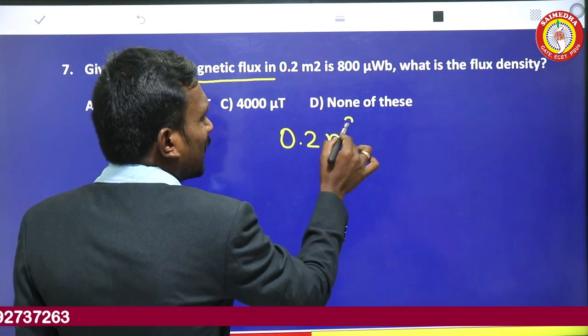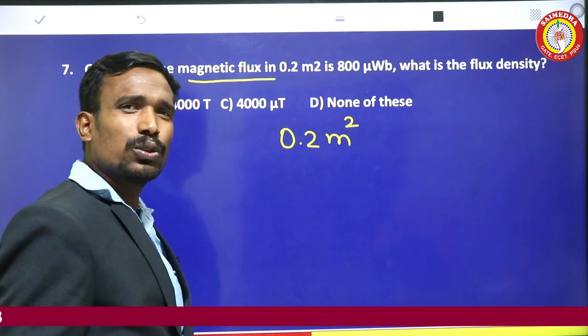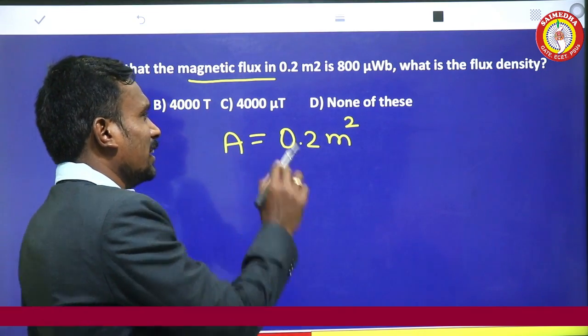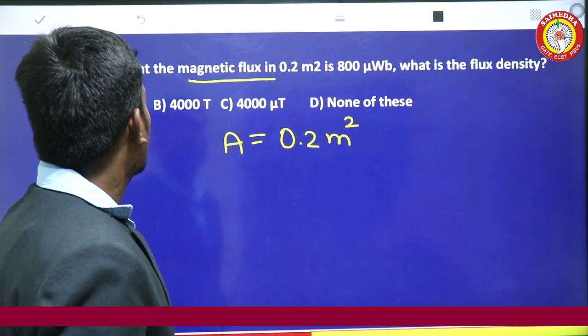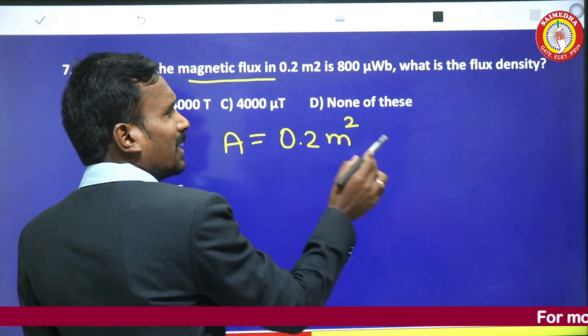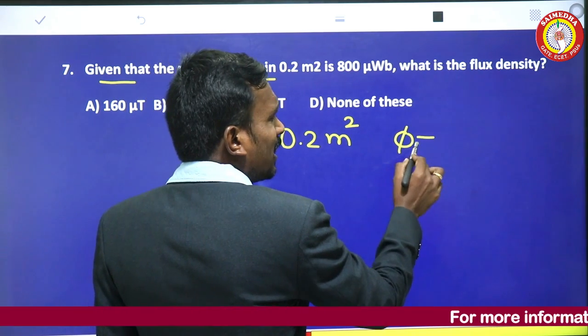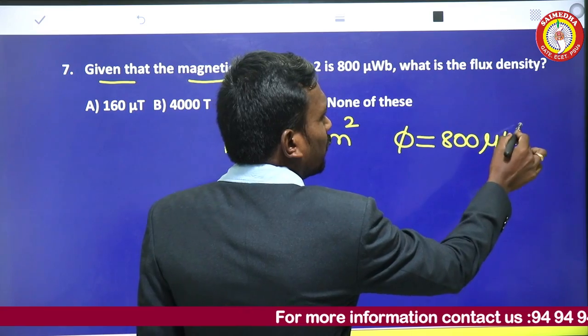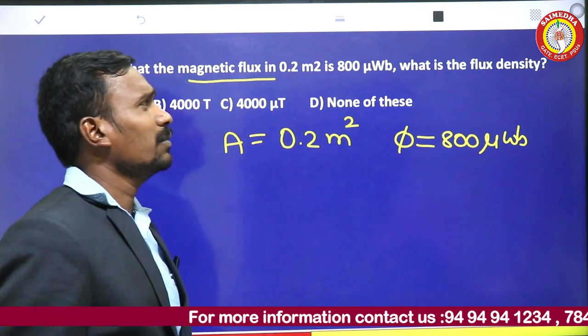Given that the magnetic flux in 0.2 meters square, that is the given area, is 800 microwebers.